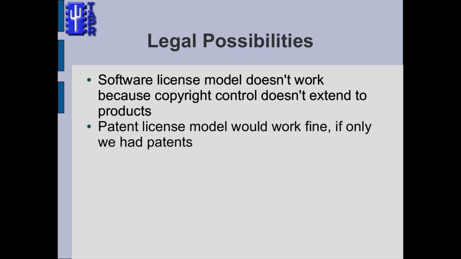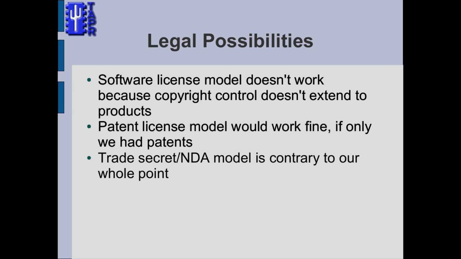We have a patent license model, and that would work fine if only we had patents, but as amateurs, the cost and other issues around patents really make that an impractical approach. There's the possibility of using a trade secret or non-disclosure agreement model, so I won't, for example, let you see my design unless you agree that you're going to do what I want with it. But that's a little bit contrary to the whole point of openness, so it's really a non-starter.